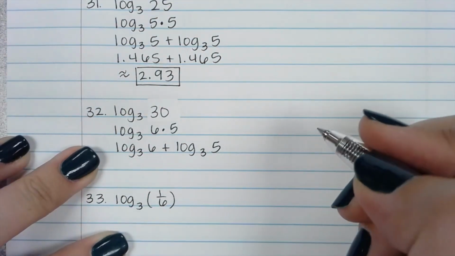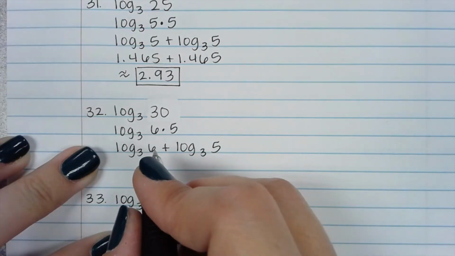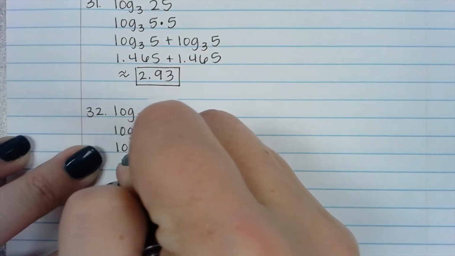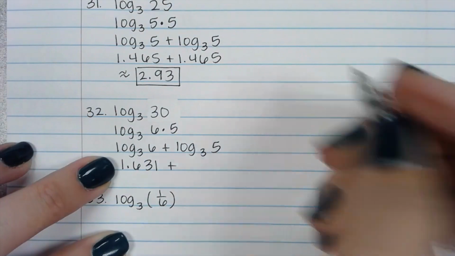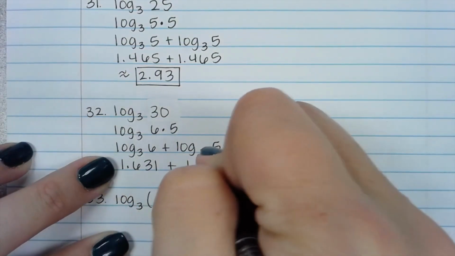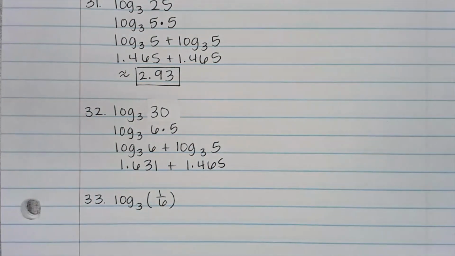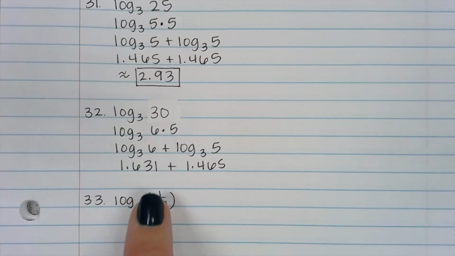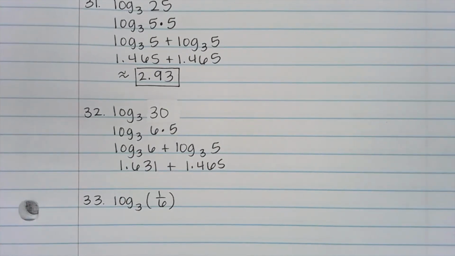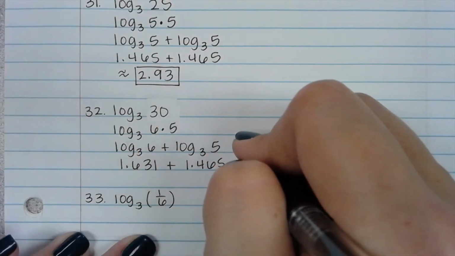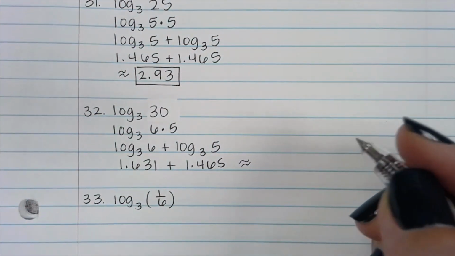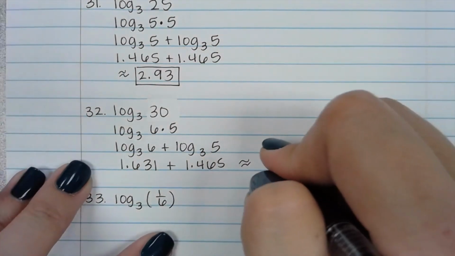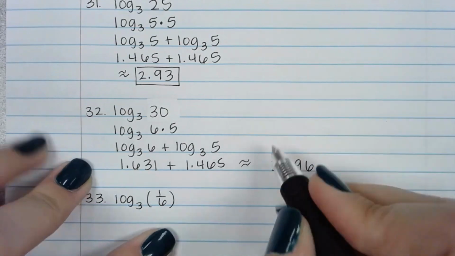And so to find the answer to this question, I'm going to be taking log base 3 of 6, which was 1.631, and then log base 3 of 5, which was 1.465, and I'm going to be adding those numbers together. So just because this was multiplication doesn't mean you're timesing these numbers. You're adding them together. And so for this one, your approximate answer that you would get for question 32 is 3.096.